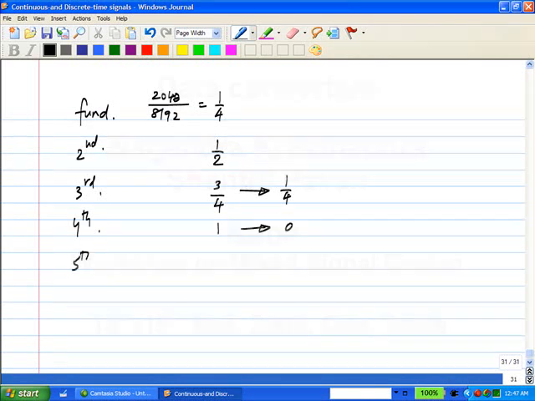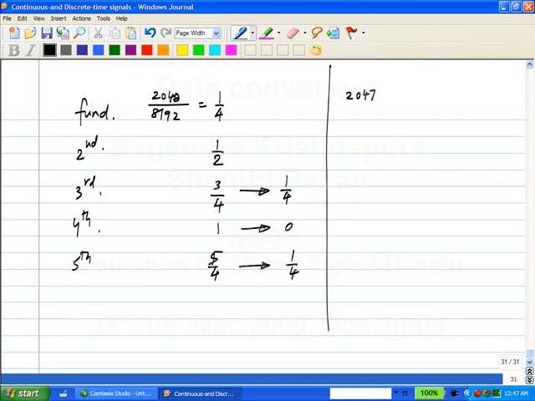Now let me choose a very slightly different frequency. Where will be the second harmonic?